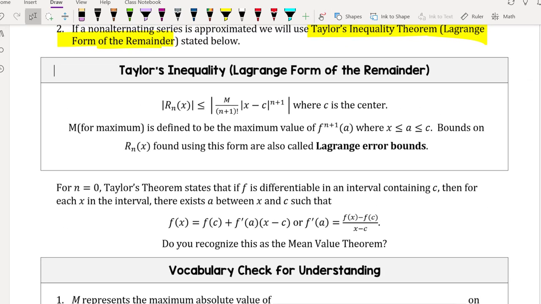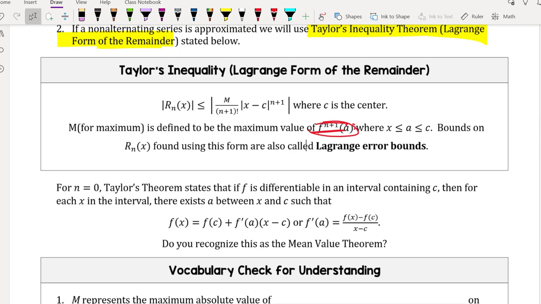Taylor's inequality says the absolute value of R sub n of x has to be less than or equal to the absolute value of the maximum over n plus 1 factorial times the absolute value of x minus c to the n plus 1 power, where c is the center. The maximum is defined to be the maximum value of the next derivative at that value, where x is less than a, which is less than or equal to c. So that's the Lagrange error bound.